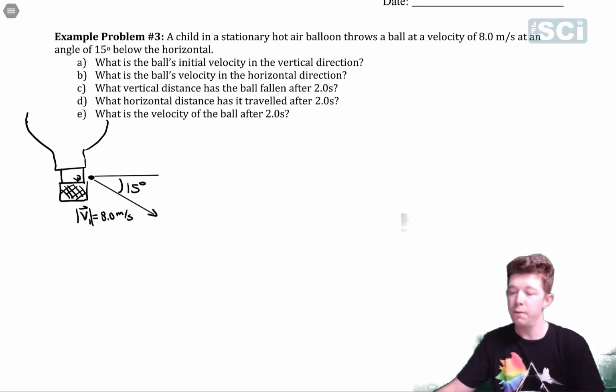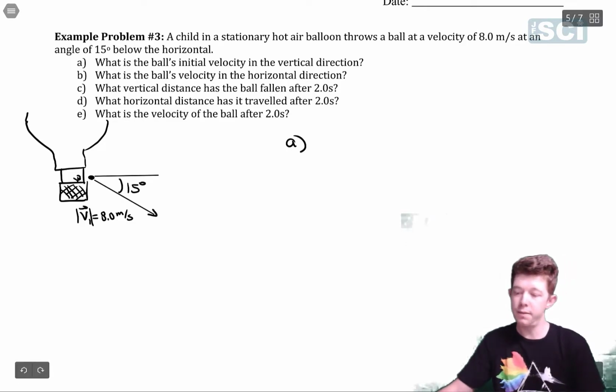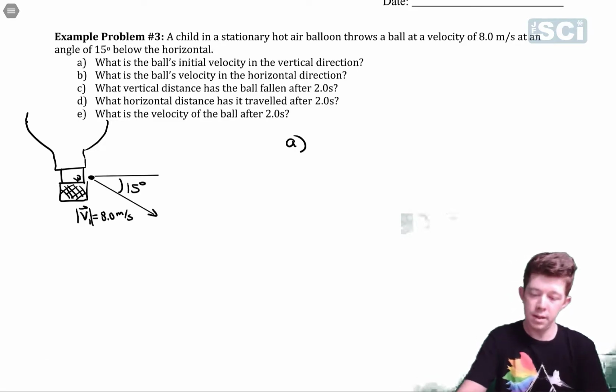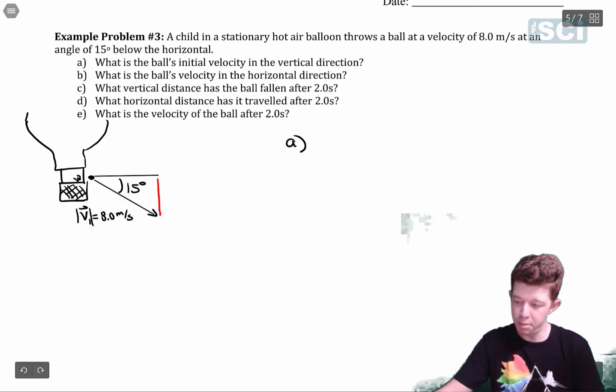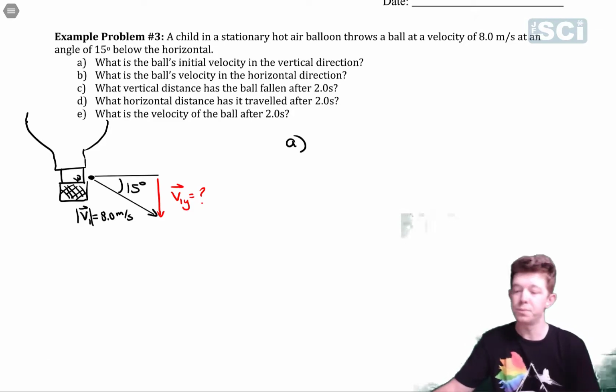Okay, so the first part of the question, A part, is asking us to find the initial velocity in the vertical direction. So the initial velocity will be the y component, I'll call this v1y, the y component of that vector or that triangle.